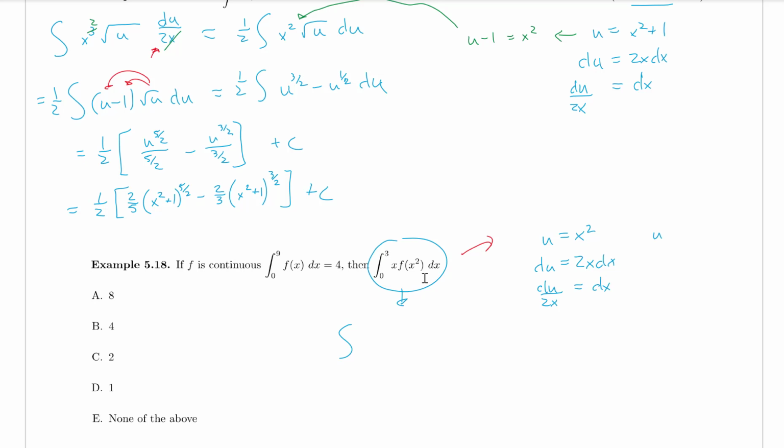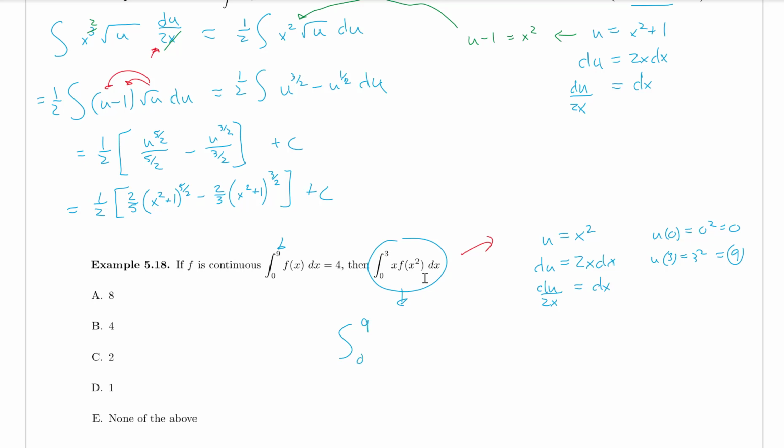We're doing the integral from u of 0, which is 0 squared, which is 0, and u of 3, which is 3 squared, which is 9. And that's really ideal because that is the upper bound on our original piece of given information.